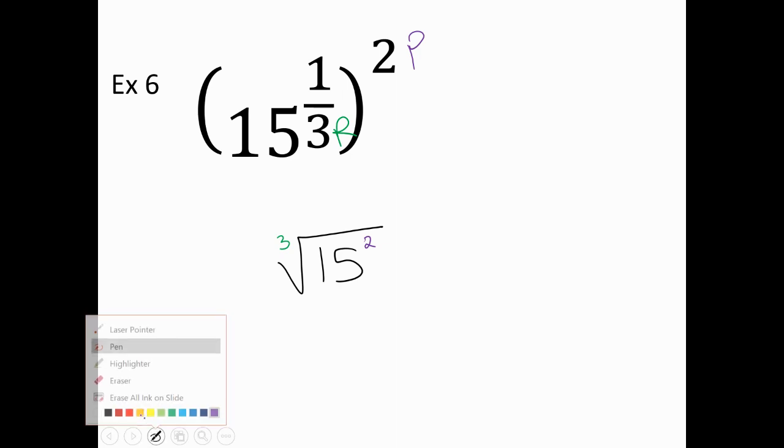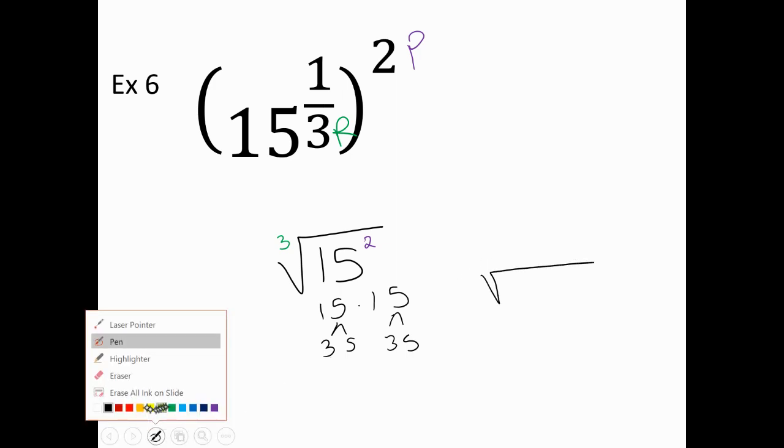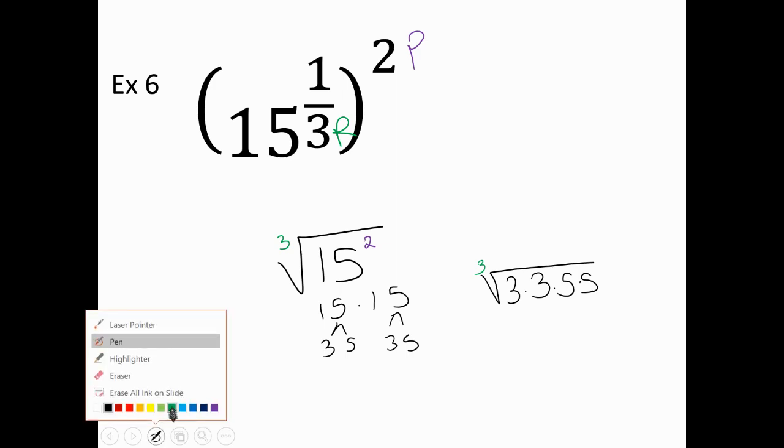All right, so just like we did before, this is going to be 15 times 15. The 15 we're going to break down into 3 and 5, 3 and 5. And so once we do that, hopefully you realize we have 2 3's and 2 5's, and we need triplets.